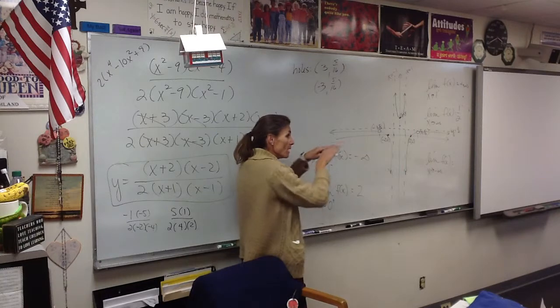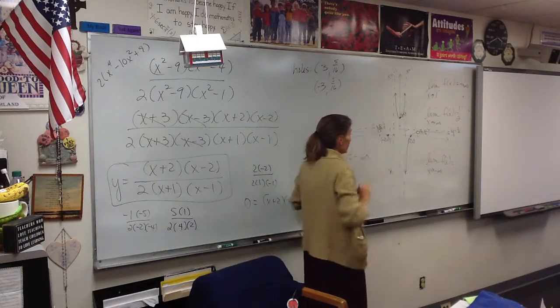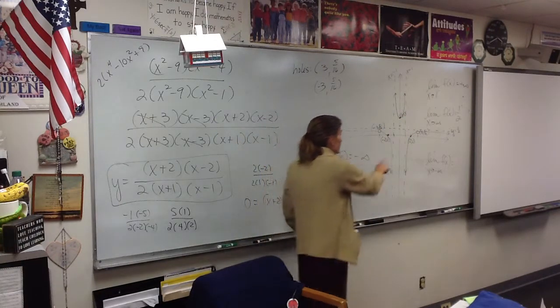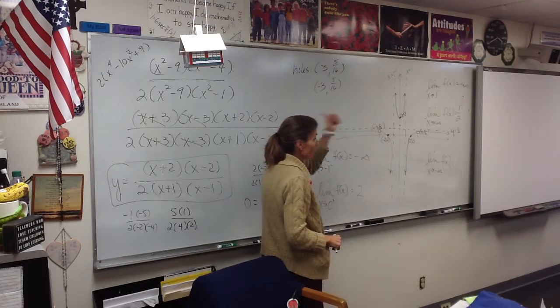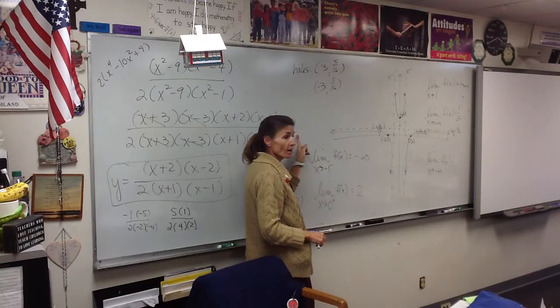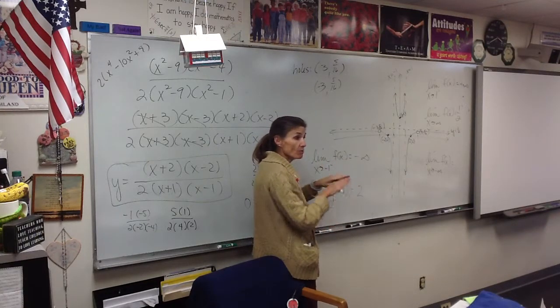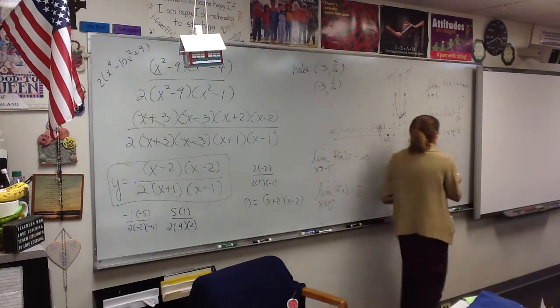It's coming up from the bottom, getting closer to 1/2. What about negative infinity? What's happening as you're going that way? You're heading toward 1/2 again from the bottom.